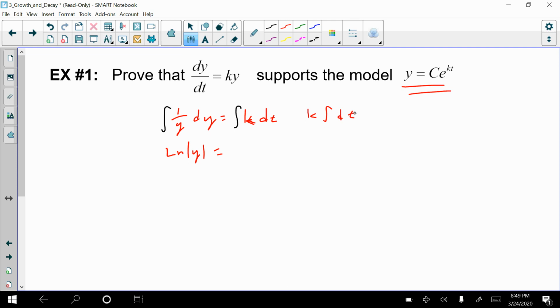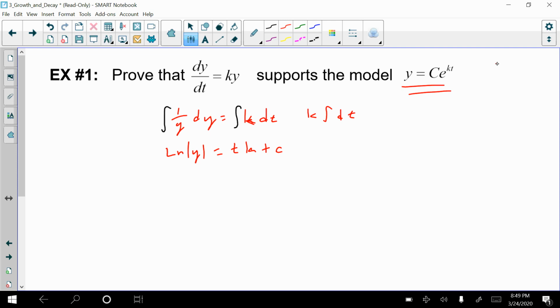The antiderivative of dt is going to give us a t that gets multiplied by the constant k. And because this is not a definite integral, we have an indefinite integral here, we do need to add our constant. So I have the natural log of y equal to t times k plus some constant c.